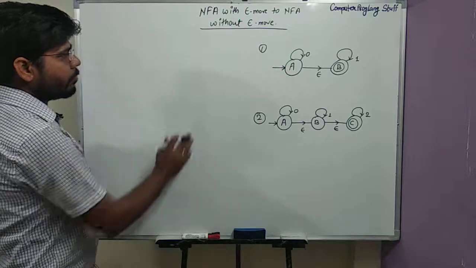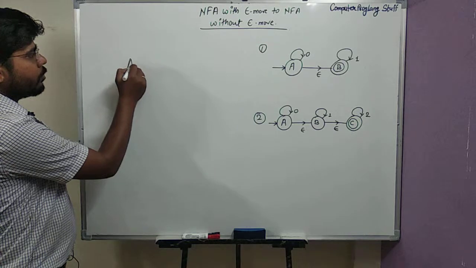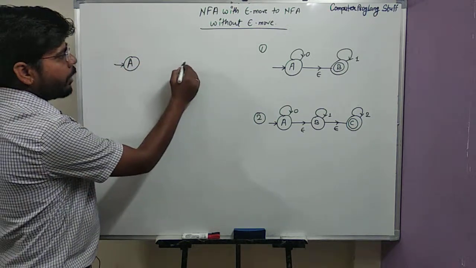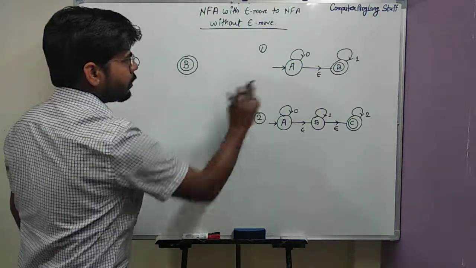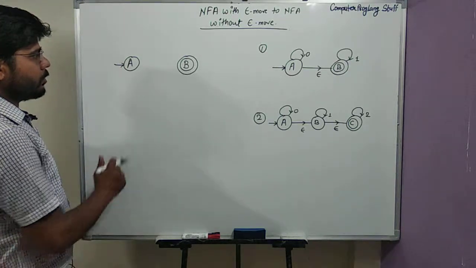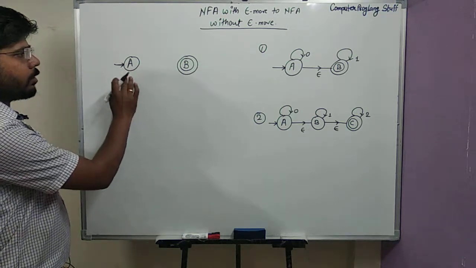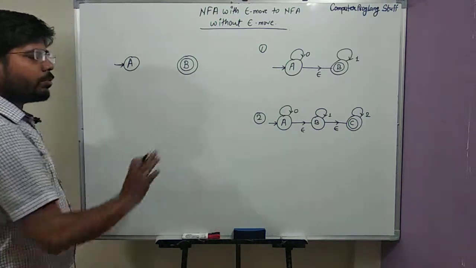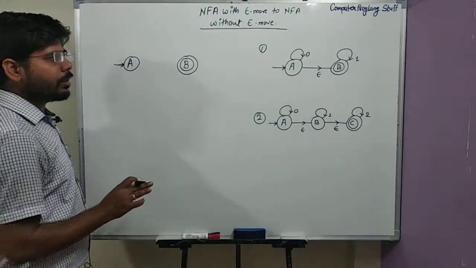In the first step, we need to draw the initial state and the final state as they are in this machine. That is our first step: make the initial state and then make the final state. The number of states is the same, so there is no change in the number of states.